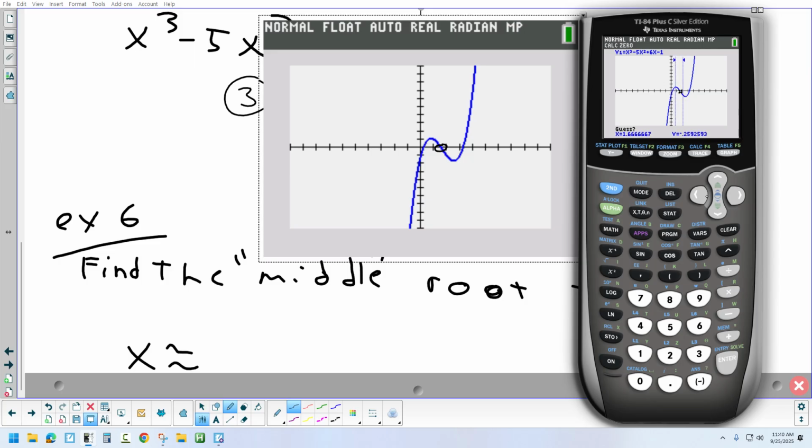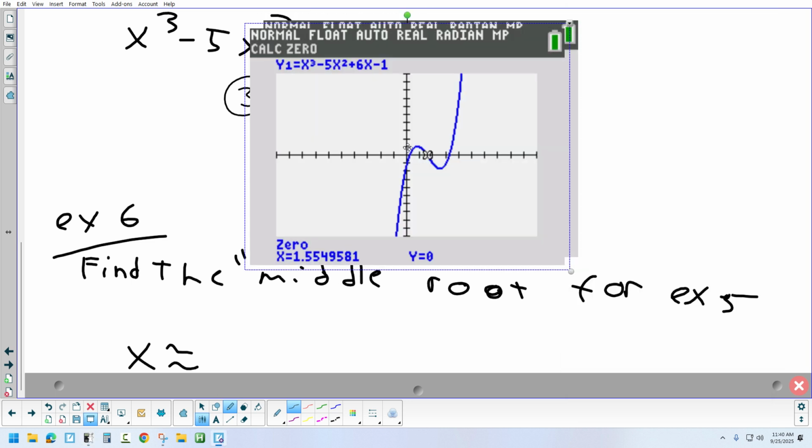And I guess it doesn't really matter, just put it kind of close. And the answer is 1.55. Any question on that? So that's finding zeros of polynomials using the graphing calculator.